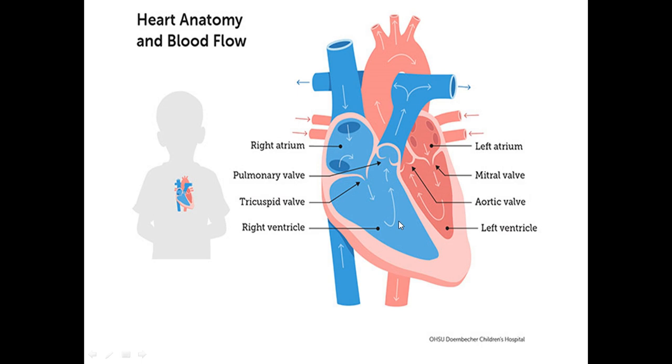In the right ventricle, the contraction of the walls also forces the deoxygenated blood through the pulmonary valve into the pulmonary arteries and into the lungs.